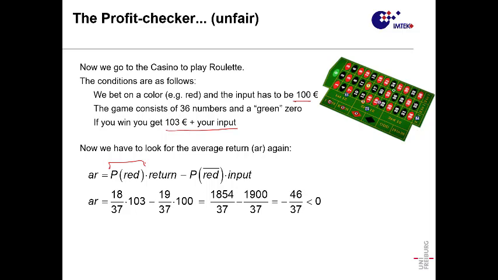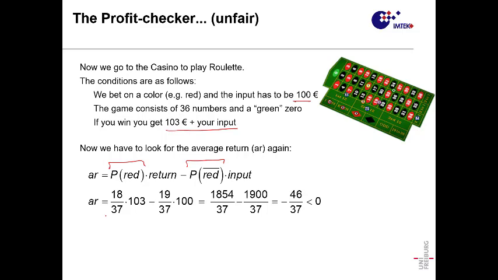Let's say that we put the chip on the red. Then what is the probability to get a red times the return that you will get, plus the probability to not get a red times the input that you're going to lose. And if you subtract them together, you see if the game is fair or not.